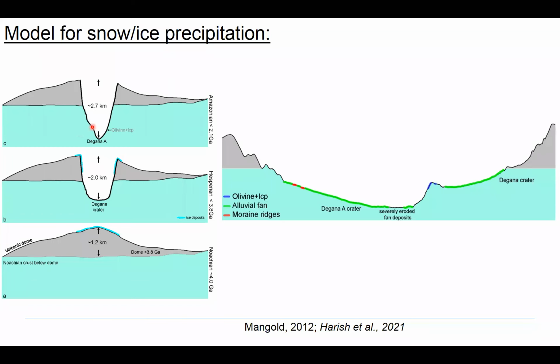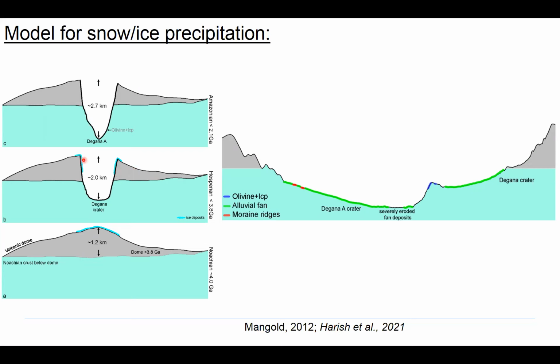When this another impact, Digana E, impacted, the heat from this impact is sufficient, and the hot ejecta, when emplaced over the snow deposits, is sufficient to melt it and create the required sediment. Mangold has already given evidence of how this impact ejecta and the hot ejecta are able to produce meltwater.